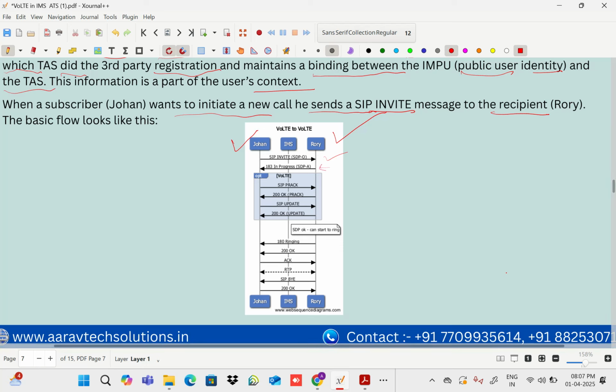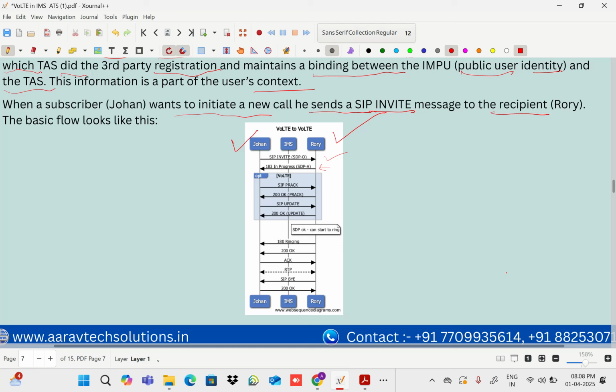Whatever codecs the Rory handset has, they will offer, then negotiate and match the relevant codecs which are common for both sides. Then John sends SIP PRACK. PRACK is a provisional response acknowledgement, not a final response. And on behalf of PRACK, Rory will send 200 OK.